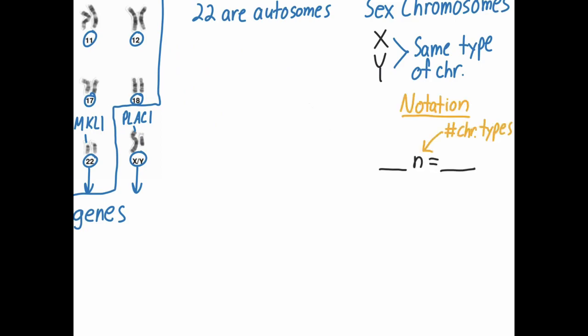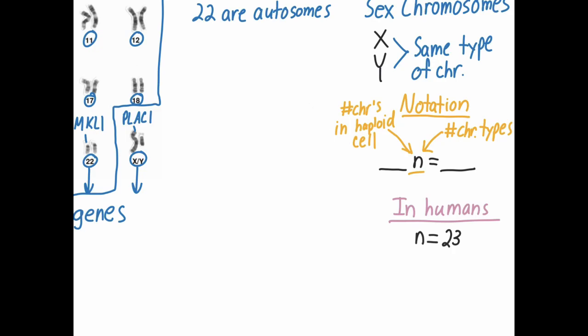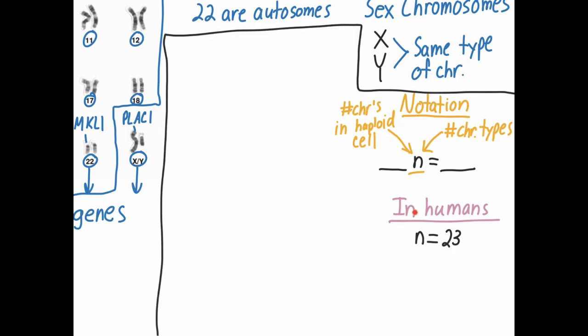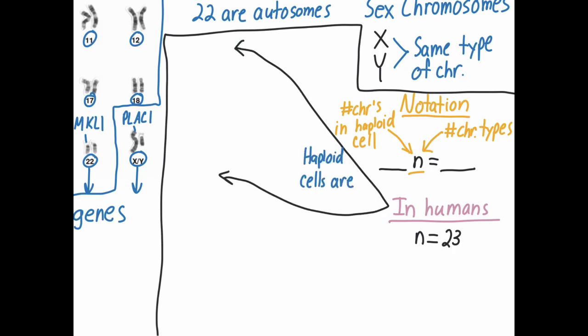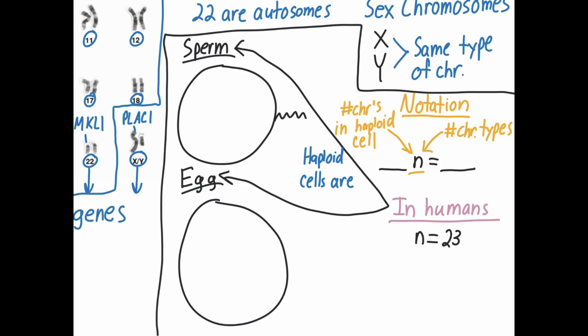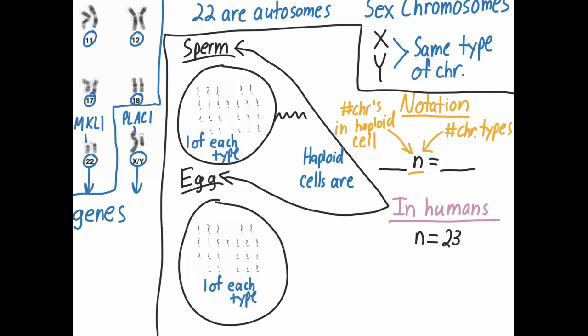The number of chromosome types is represented by the letter N. So in humans, N equals 23. N is also the number of chromosomes in a haploid cell of a species. In humans, the haploid cells that are made are the gametes, the sperm and the egg. So each of these has one of each chromosome type, for a total of 23 chromosomes.